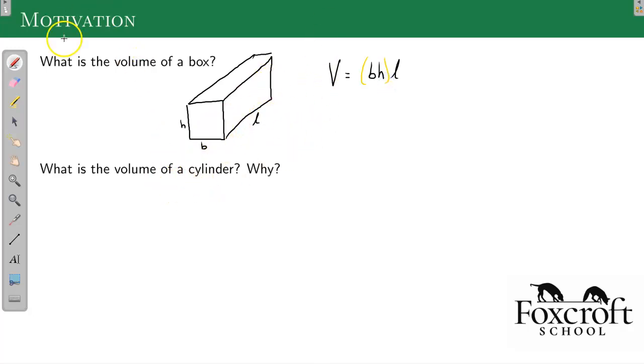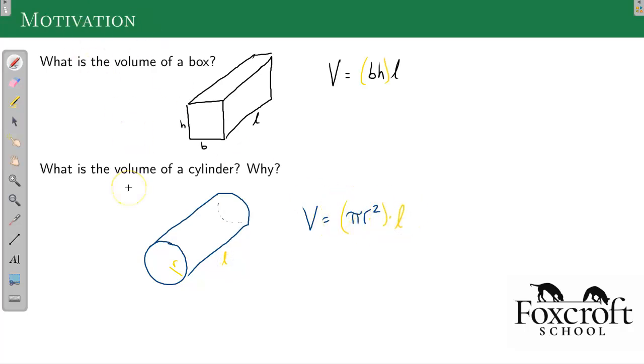What's the volume of a cylinder? All right, a cylinder has a circle on the end, and then we elongate it. And what is its volume? You take the area of the circle at the front, just pi r squared, and you multiply that by the length.